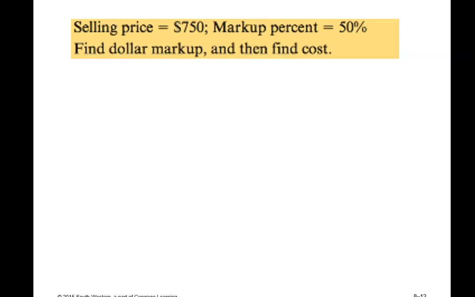Okay, in this example, we have a selling price of $750 and a markup percent of 50%. We're going to find the dollar markup and then the cost. Okay, so the markup amount, remember, is your markup percent times your selling price.